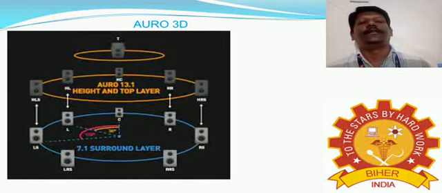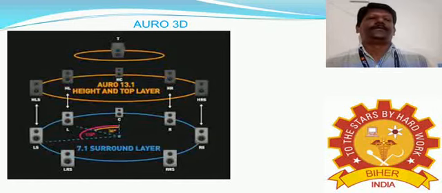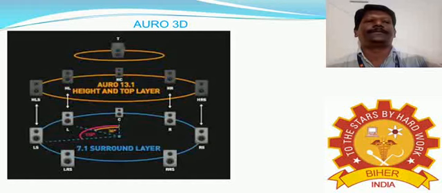Then in the middle layer, there are 5 speakers: height left, height center, height right, height left surround, and height right surround. The third layer is the ceiling speaker, used for the voice of God.